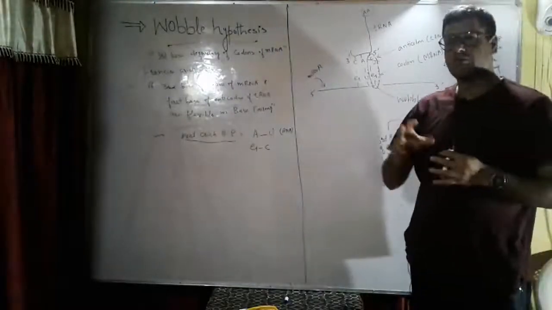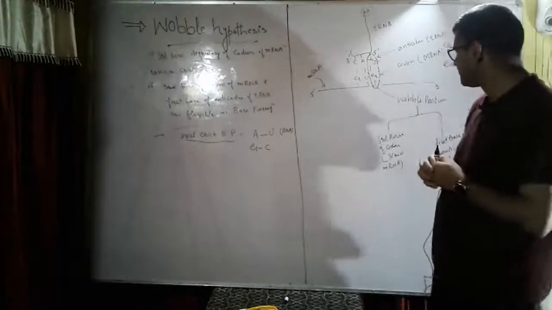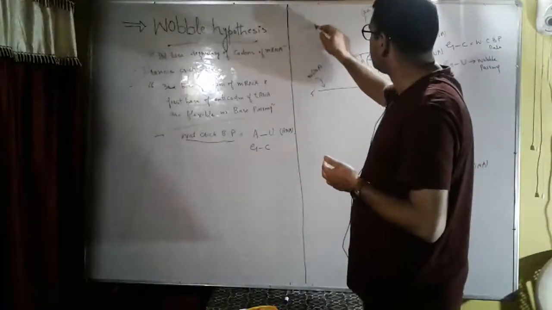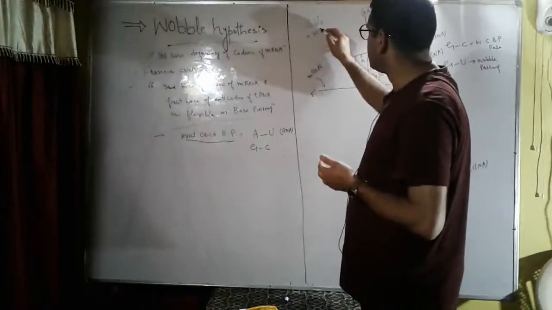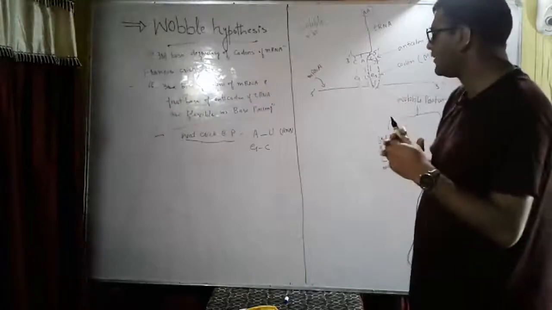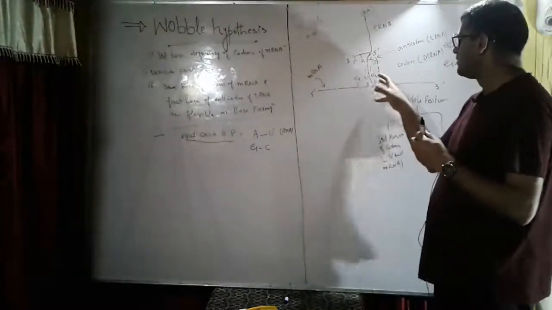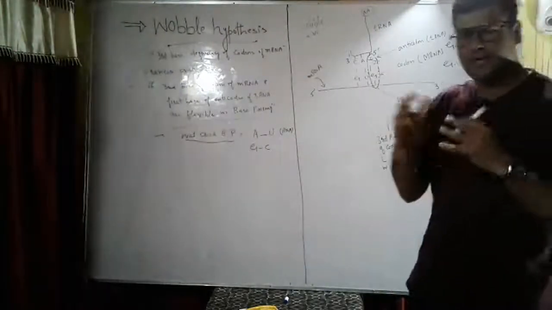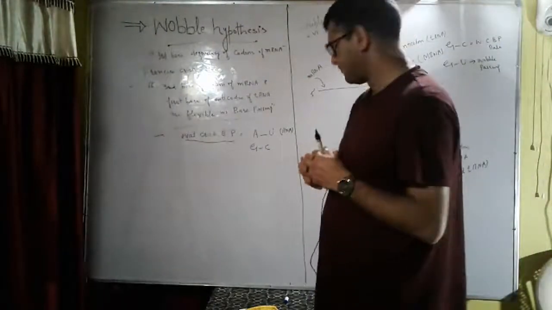That means they show wobble base pairing. Wobble means they show vibration, a sort of shaking. They are not definite or precise in their base pairing. Wobble means shaking or flexible base pairing.